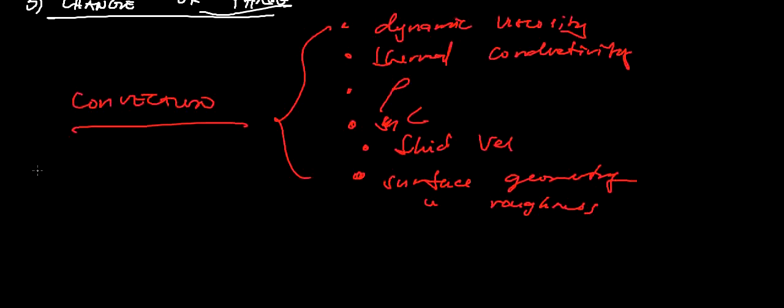But although convection is said to be complex, the rate of convection heat transfer, right, is proportional to the temperature difference and is usually expressed simply by this equation: q = h (Ts - T∞), the surface temperature minus the temperature of the fluid.